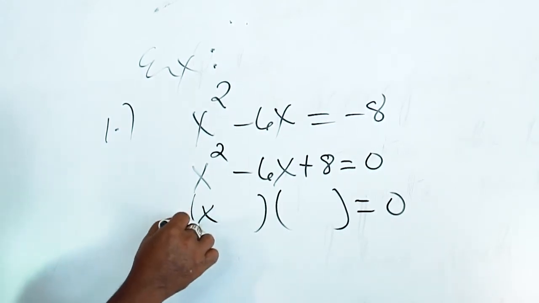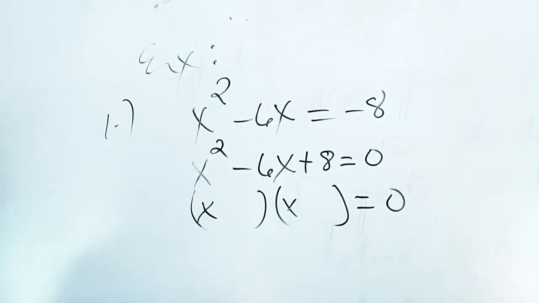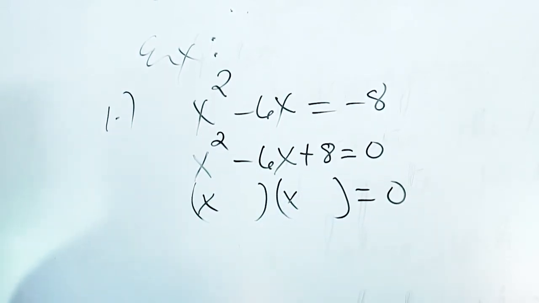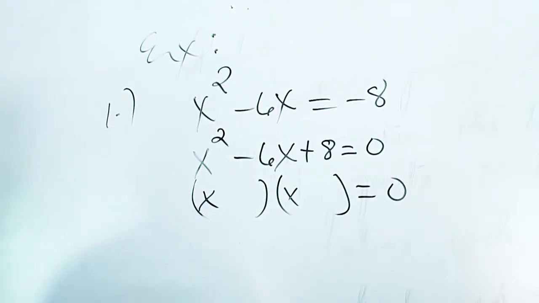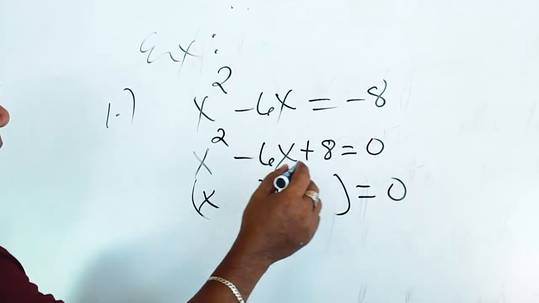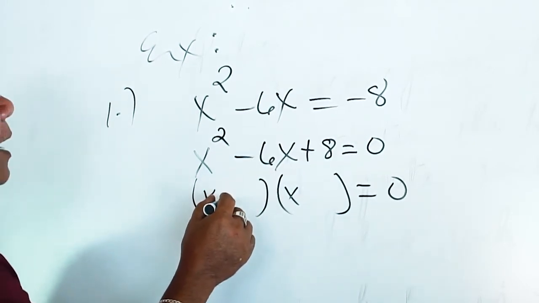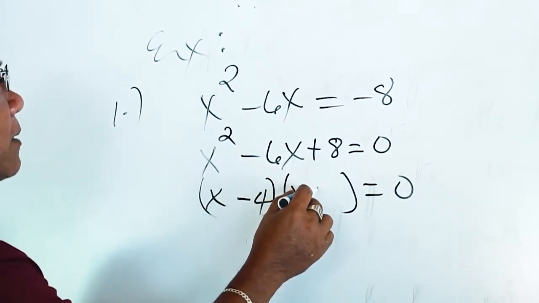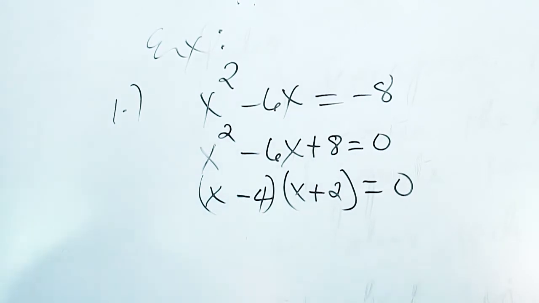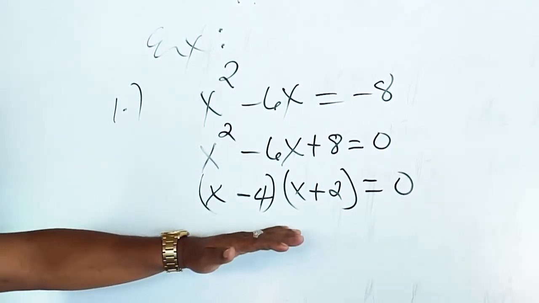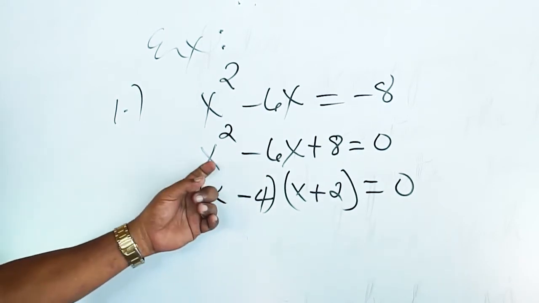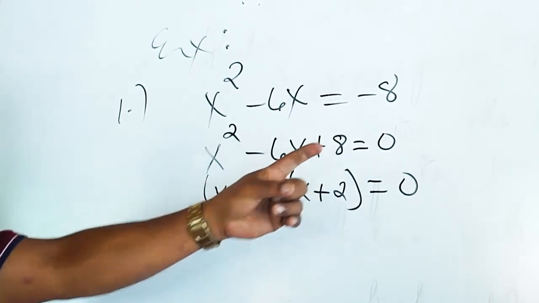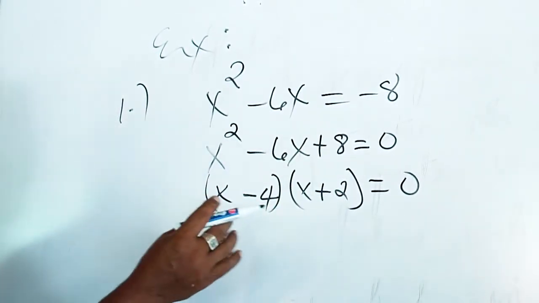So x and x, then find the two factors of 8 whose sum is negative 6. Here we have negative 4 and negative 2. So this is now the two factors of x squared minus 6x plus 8 is equal to 0.